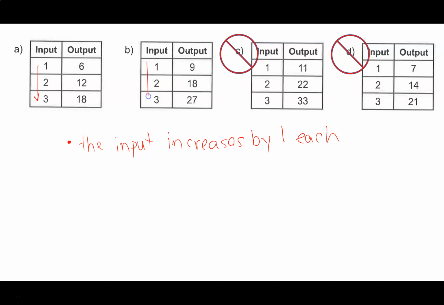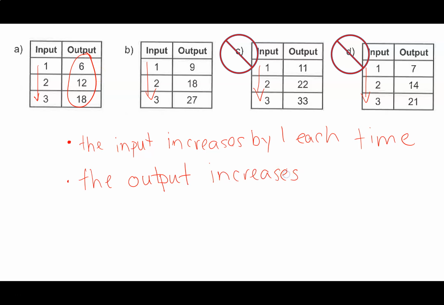And you'll notice that's consistent in each question. So the input increases by 1 each time. The second part of the question asks about the output. So what do we notice about the output in part A? 6, 12, 18. So it's also increasing. If we look closely at these numbers, we'll notice that they're increasing by 6 each time.